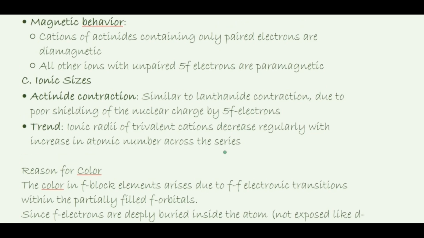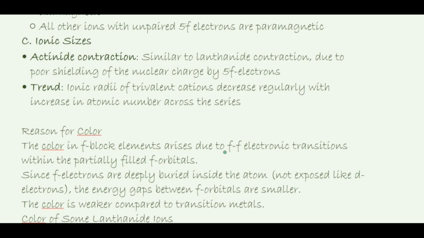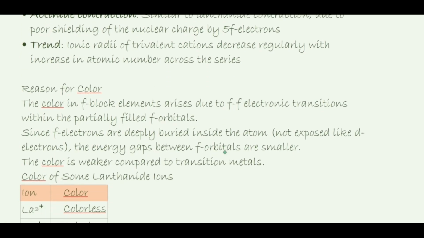Ionic size: here also actinide contraction happens because of poor shielding of 5f electrons. The ionic radii of trivalent cations decrease regularly with increase in atomic number across the series. The reason for color here is relevant to f-f transition.